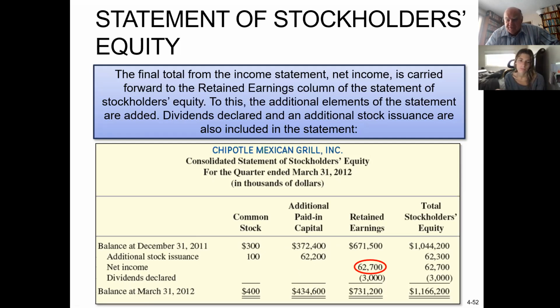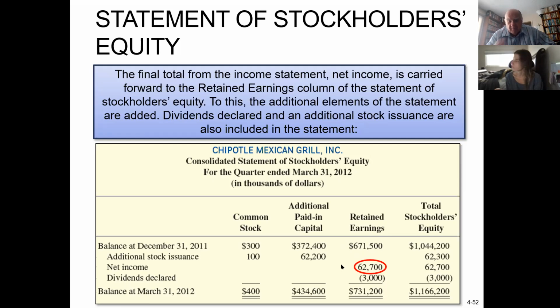In other words, the business begins on day one. There's no retained earnings. At the end of the first year, they had a profit of 1,000. The end of the second year, they had 3,000. Third year, 20,000. The company grew, and those profits eventually grew to 671,500.